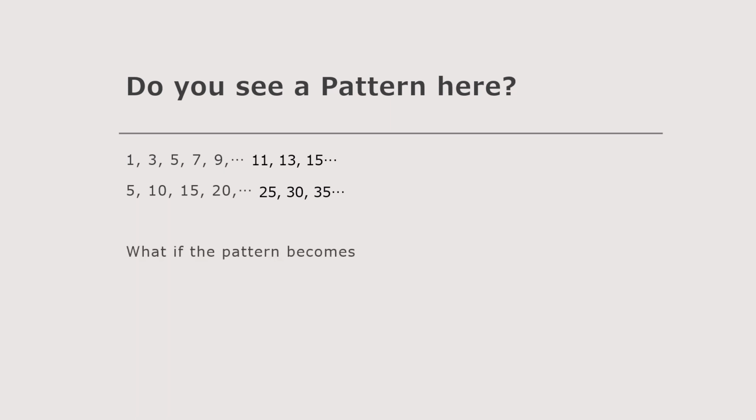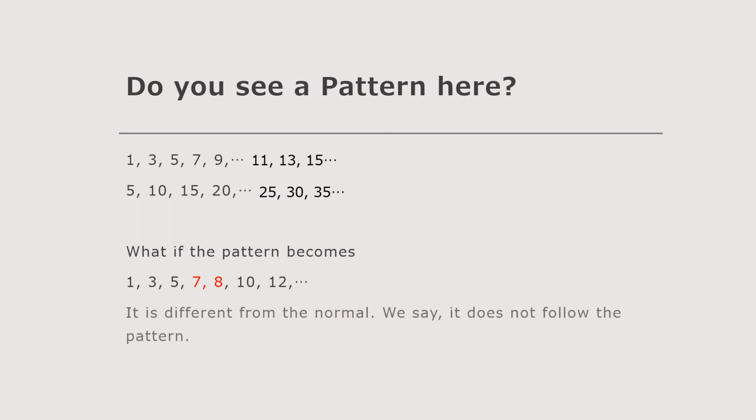So what if the pattern becomes 1, 3, 5, 7, 8, 10, 12? So it is different from the normal, isn't it? It is not following the rule. So we say that when something like this happens, it does not follow the pattern.